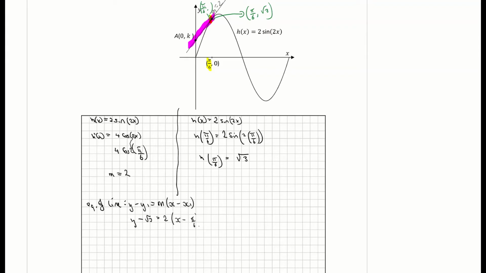And just tidying that up, I get y minus root 3 is equal to, multiplying in that 2, 2 times x is 2x, and 2 times pi over 6 is 2 pi over 6, which simplifies down to pi over 3 if you want to write it like that. I'm just going to leave it as 2 pi over 6. I'm now just going to move over the root 3 to the right hand side. So that is getting me y is equal to 2x minus 2 pi over 6 plus root 3.